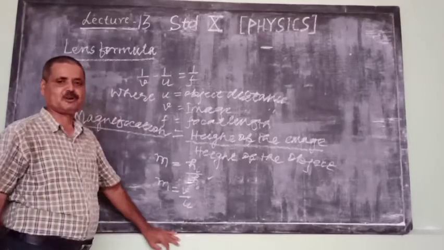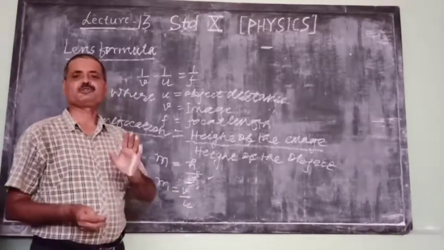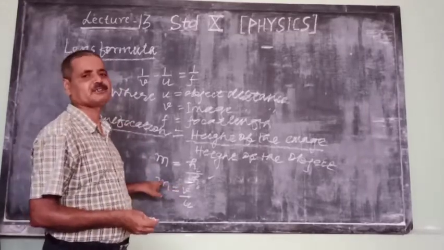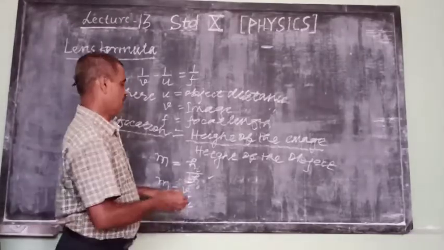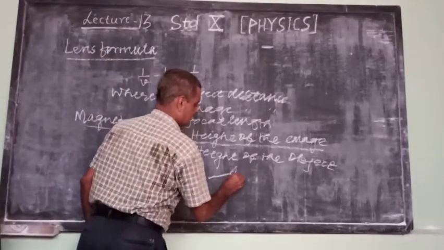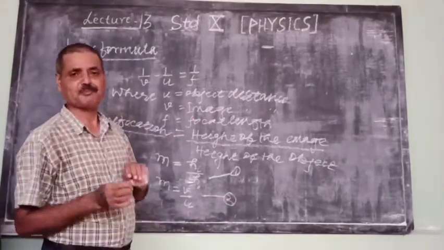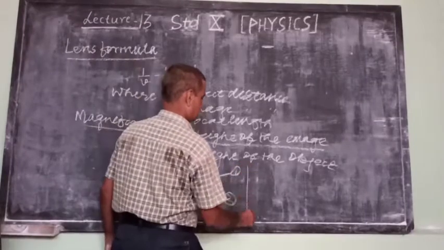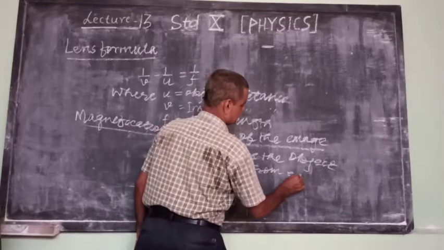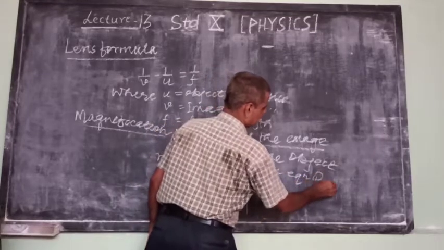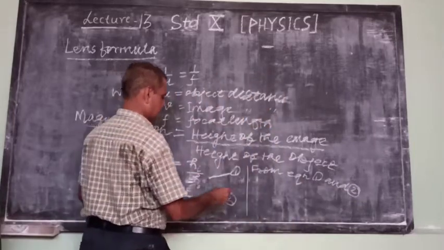If the distance of the object and the distance of the image, that is u and v, are known, then magnification can be calculated. m is equal to v by u, and combining these two formulas, from equation first and second, the LHS part is the same, so the right side of both will be the same.